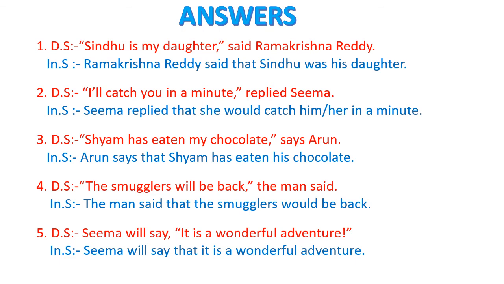Fourth one: the smugglers will be back, the man said. What is the subject here? The man. The man said that the smugglers would be back. Here in the reported part, "will" is changed to "would".